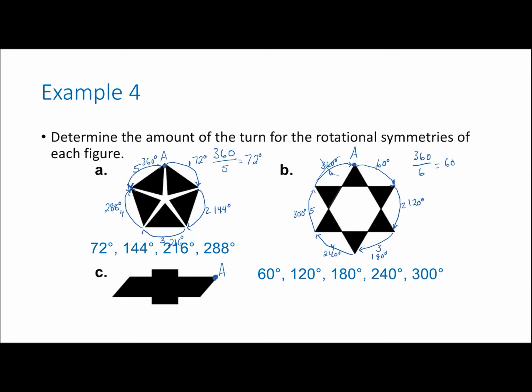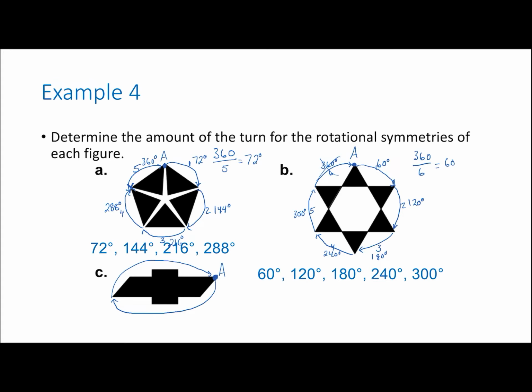And so if I wanted to rotate this and it be the same figure, I would need to take that point and rotate it all the way to there. If I could put point A there, then the figure would still look the same. But then the only other rotation is to take it back and put it back here.